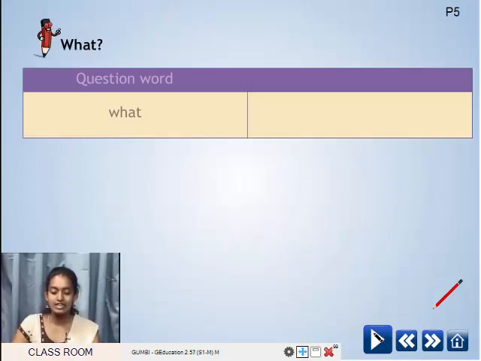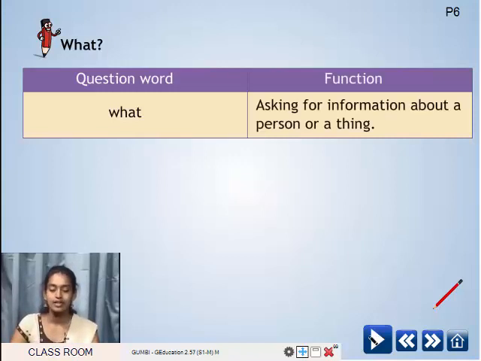Okay. Now look at this picture. Ramya is writing. Here, writing is the verb. Do you agree, children? Writing is the verb here? Yes, correct. Now children, Ramya is doing her homework.